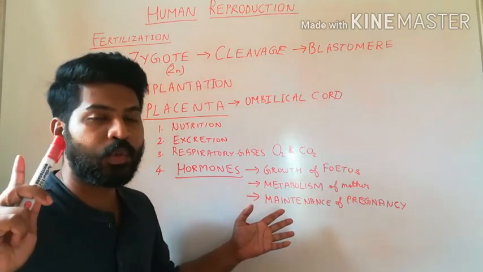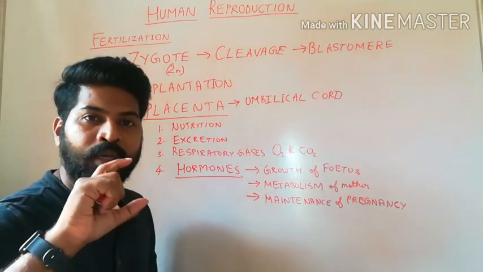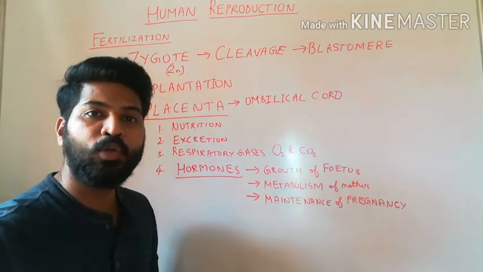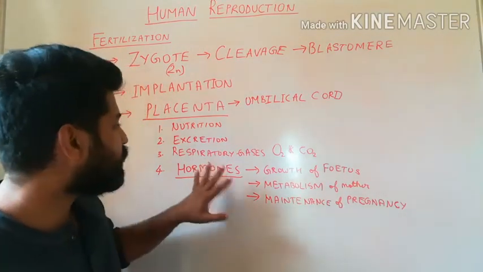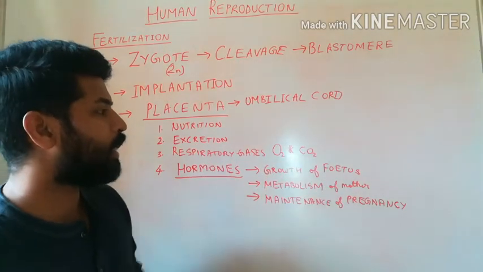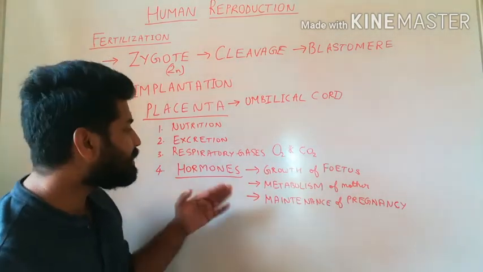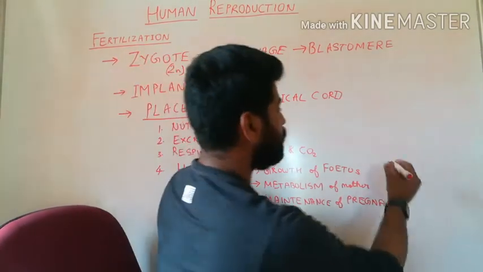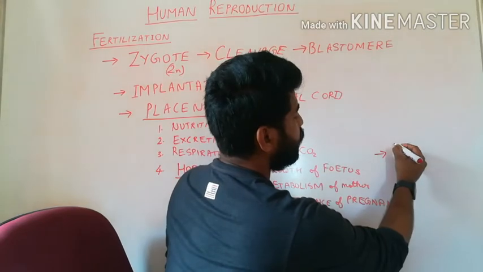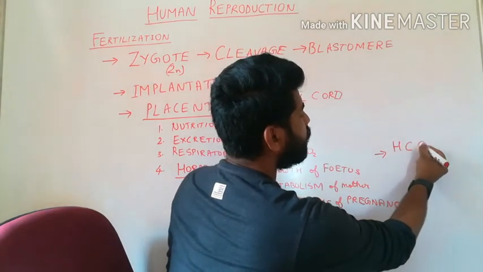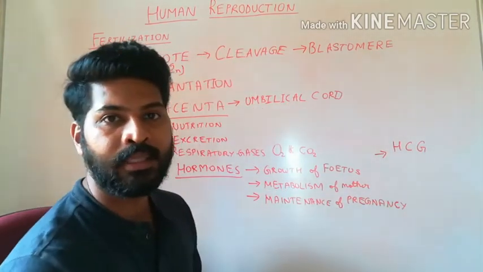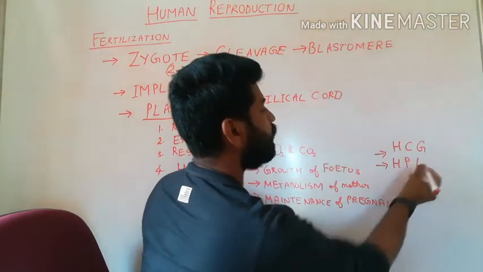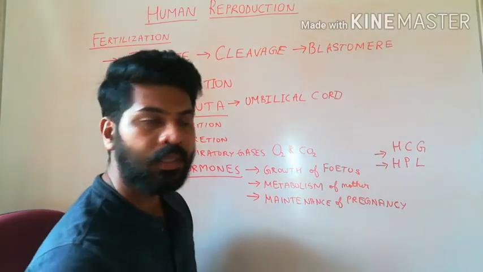Because we saw in the menstrual cycle, the uterus wall, that is the inner wall, becomes thick due to progesterone hormone. So these hormones are very important. Some of the placental hormones which are produced during pregnancy are the human chorionic gonadotropin (HCG), human placental lactogen (HPL).